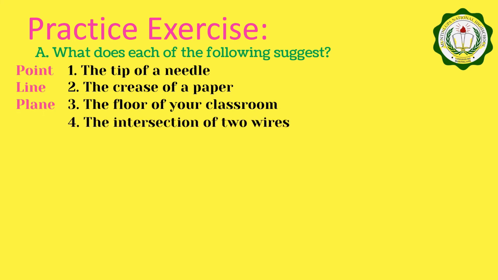The intersection of 2 wires. What will it represent? This represents a point. And number 5, the TV screen. What do you think? The TV screen represents what? Correct, that is a plane. Can you follow now?